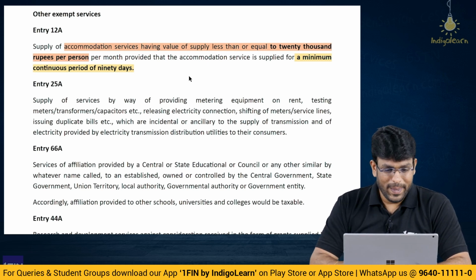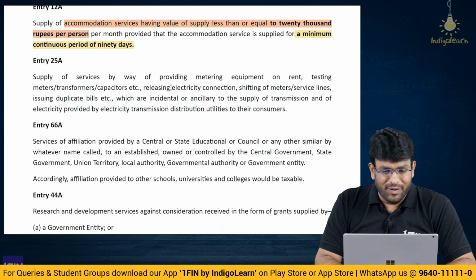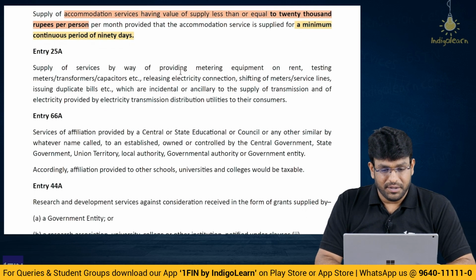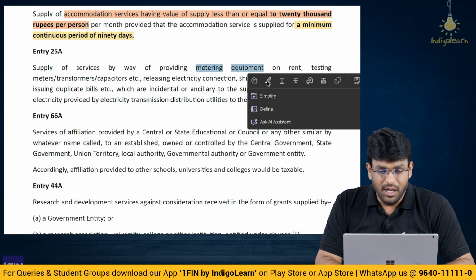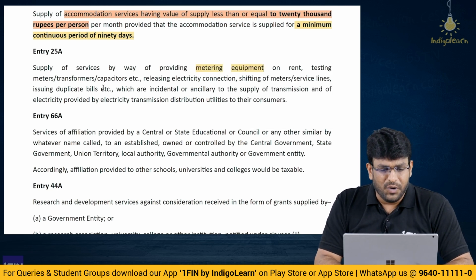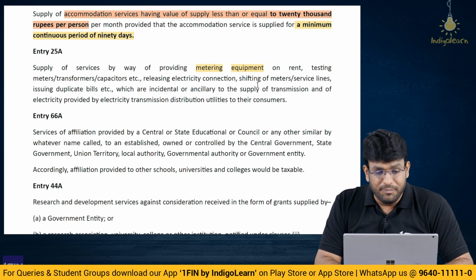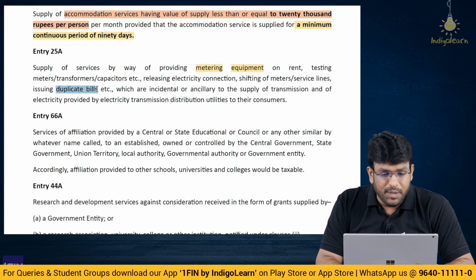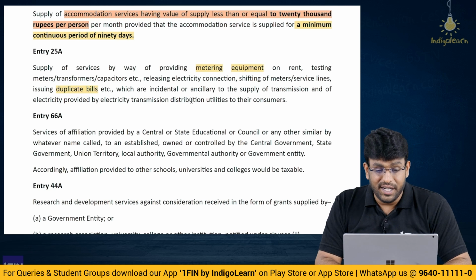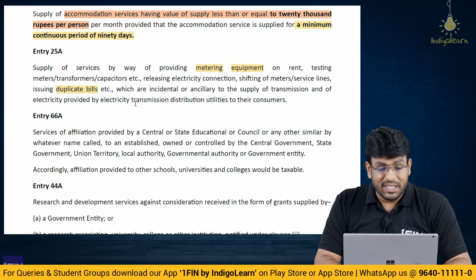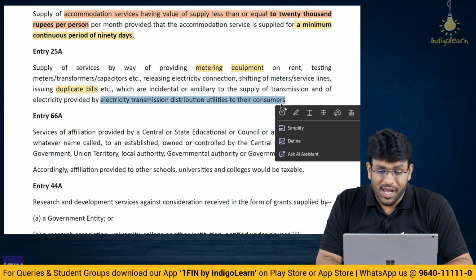Clear? Next. Supply of service by way of providing metering equipment. What equipment? Metering equipment. That means who is giving this? Electricity department. Metering equipment on rent, testing meters, transformers, capacitors, etc., releasing electricity connection, shifting of meters, issuing duplicate bills, which are incidental or ancillary to supply of transmission and distribution of electricity provided by electricity transmission distribution utilities to their consumer.